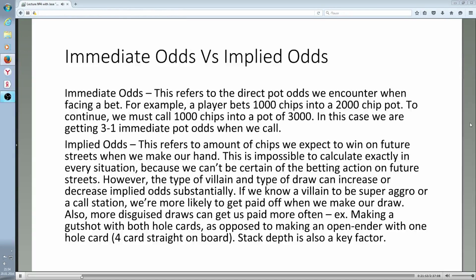So the type of draw we have is obviously going to contribute to whether we have more or less implied odds in a given hand. And of course, stack depth is also a key factor. If there are deeper stacks, then we have the opportunity to win a bigger pot.